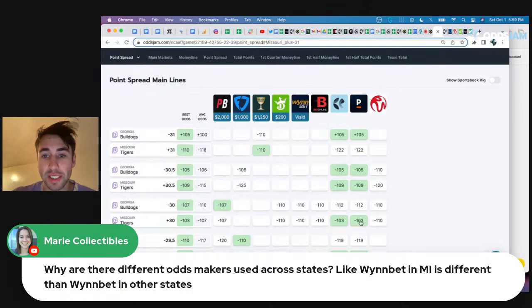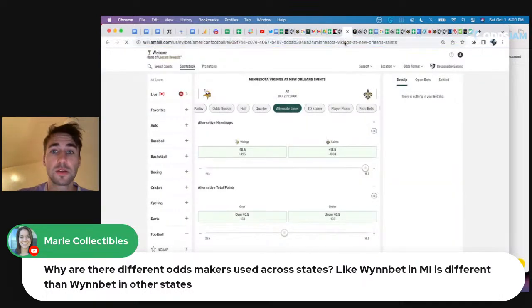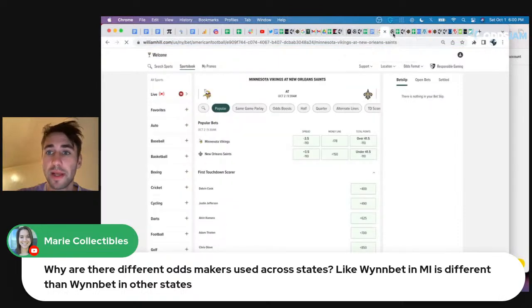Who would have thought that was such a big move? They moved from minus 103 to minus 122. So maybe we play a little Missouri. Nothing bad about taking off a little bit of risk. So what we can do is reload Caesars. Am I logged in? Am I going to have to log in?